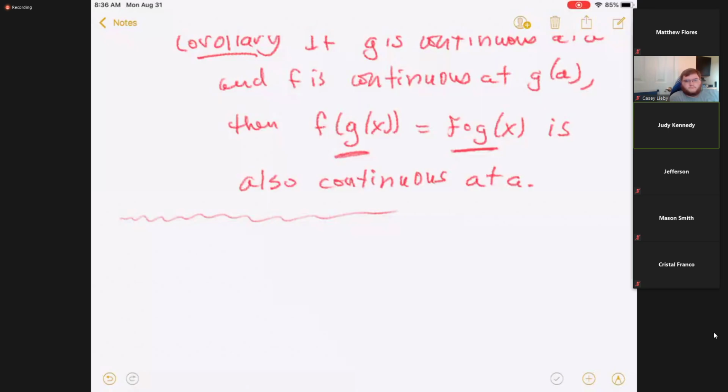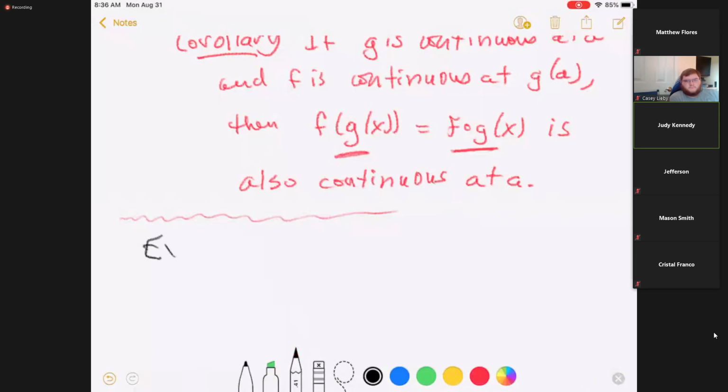Okay, let's look at a couple of examples. The question is, where are the functions continuous?